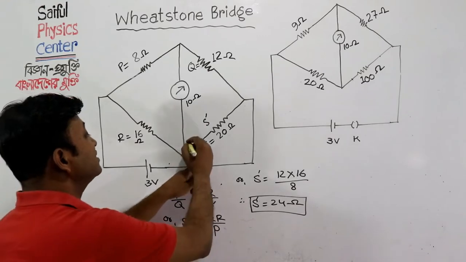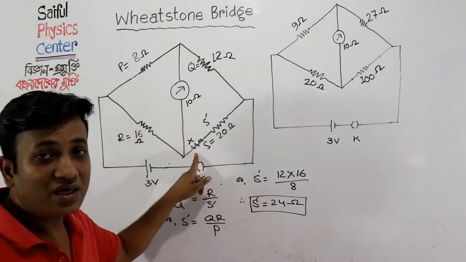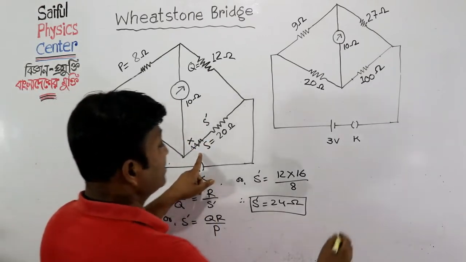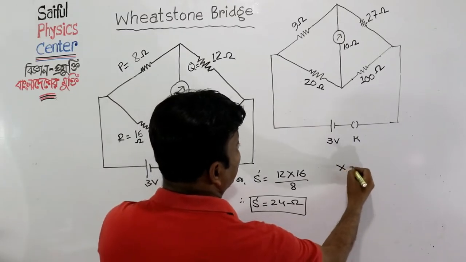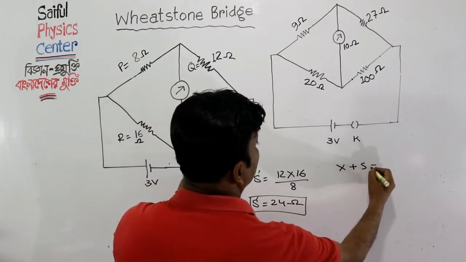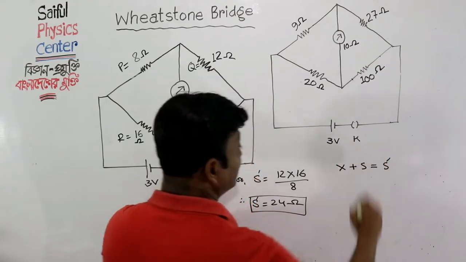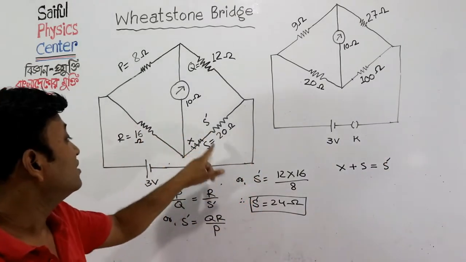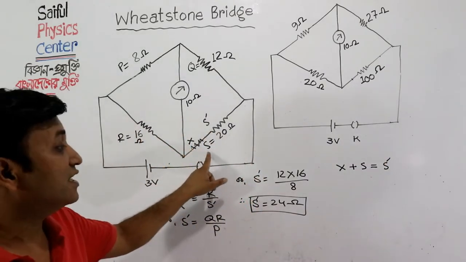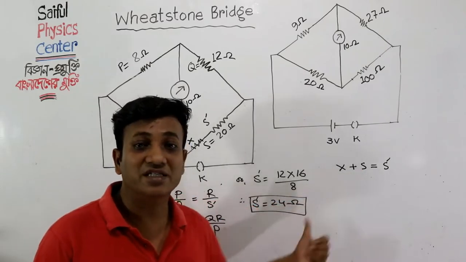Suppose this resistance is X. So here we get X plus S equals S prime. In this case the combination of X and S must equal S prime.